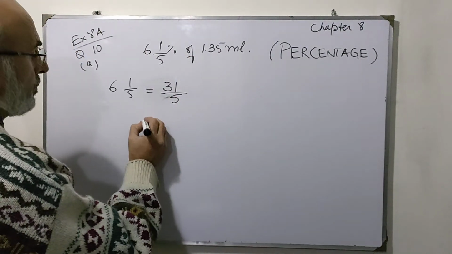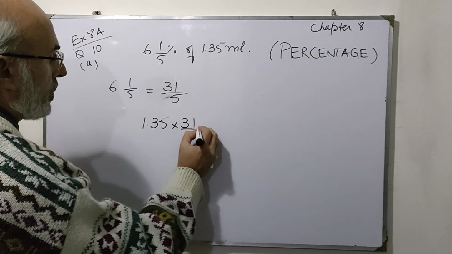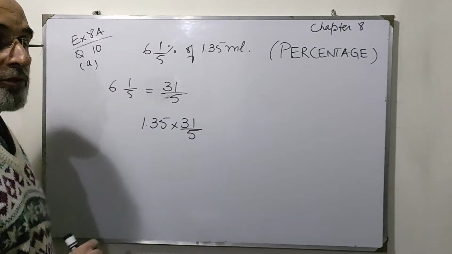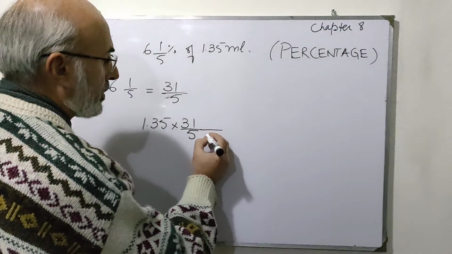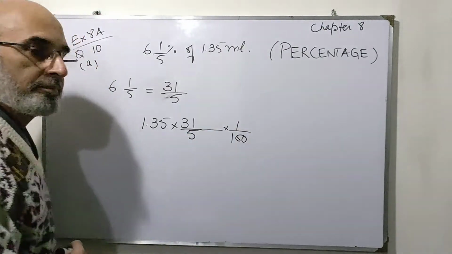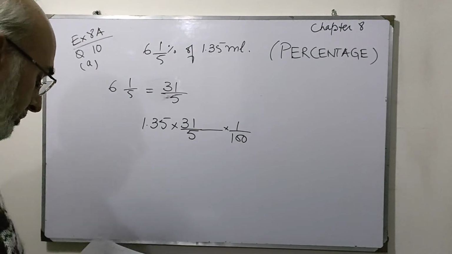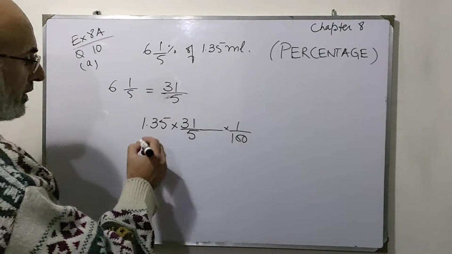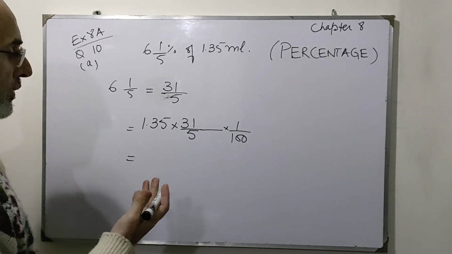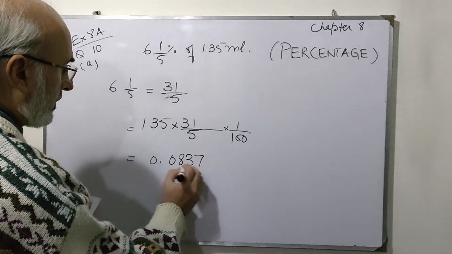Okay. So the value we have is 1.35 into 31 over 5. And since it is in percent, we have to remove the percent sign as well. What are we going to do? I'm going to divide it by 100 as well. And if we simplify it and calculate it, the value comes out to be 0.0837.